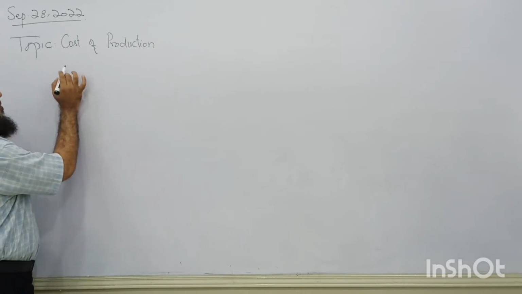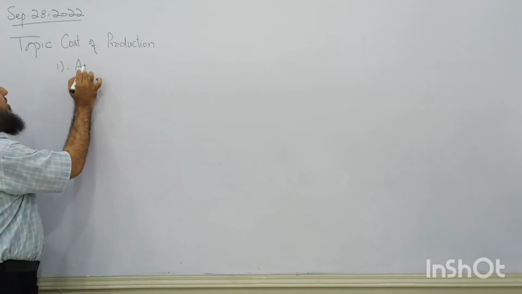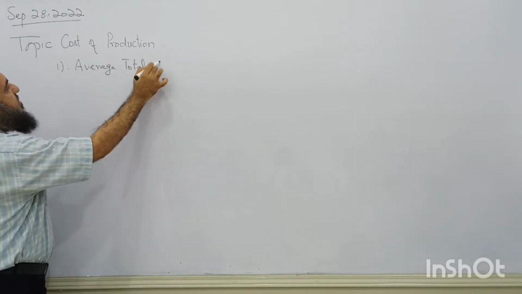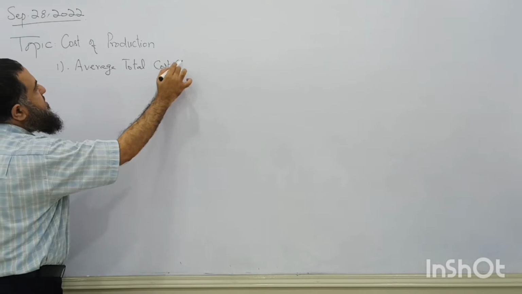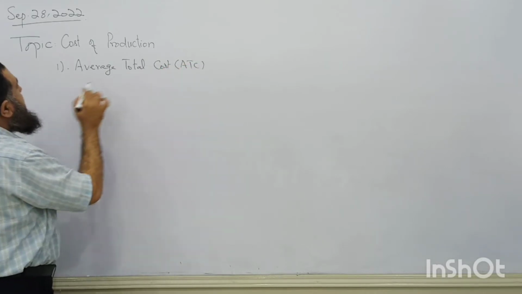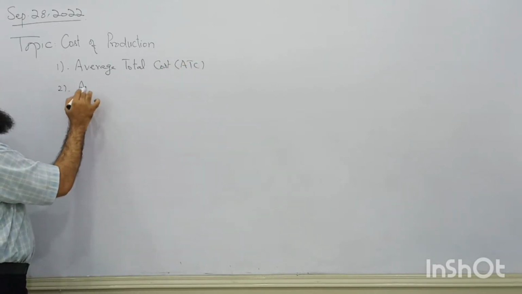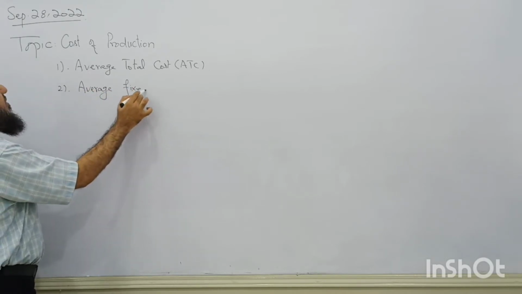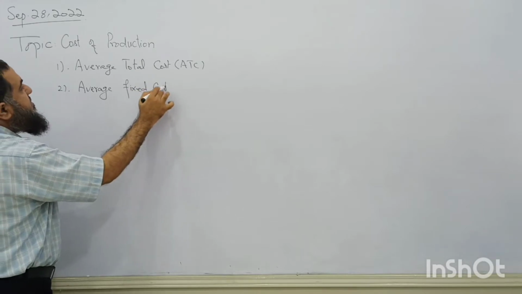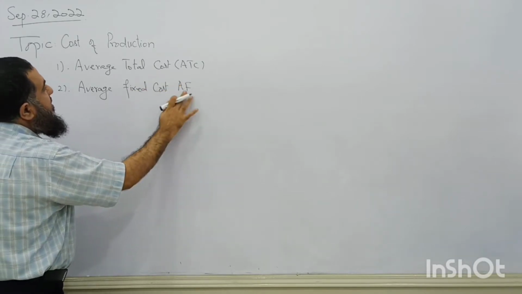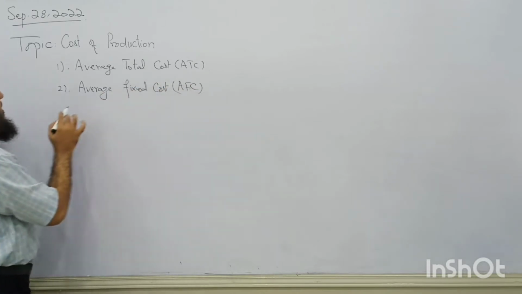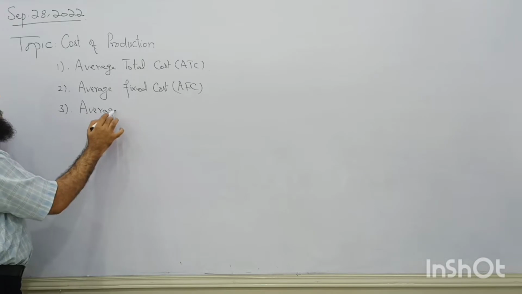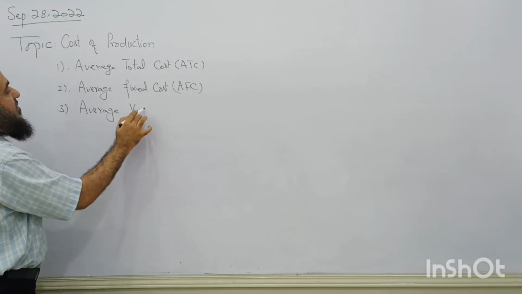So today we are going to study average total cost, that is ATC, and second is average fixed cost, and third one average variable cost.